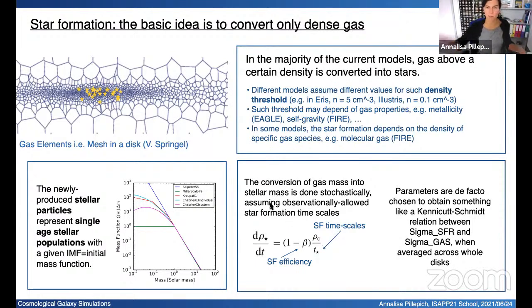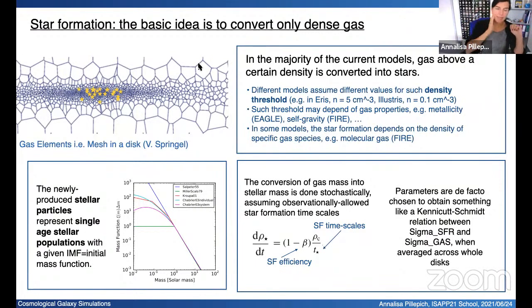We know, for example, from observation, that star formation happens on certain time scales, and this spawning of stellar particles happens stochastically so that the time scales are consistent with empirical knowledge. But also, when a new stellar particle is formed, it actually represents a population of stars that are all born at the same time.